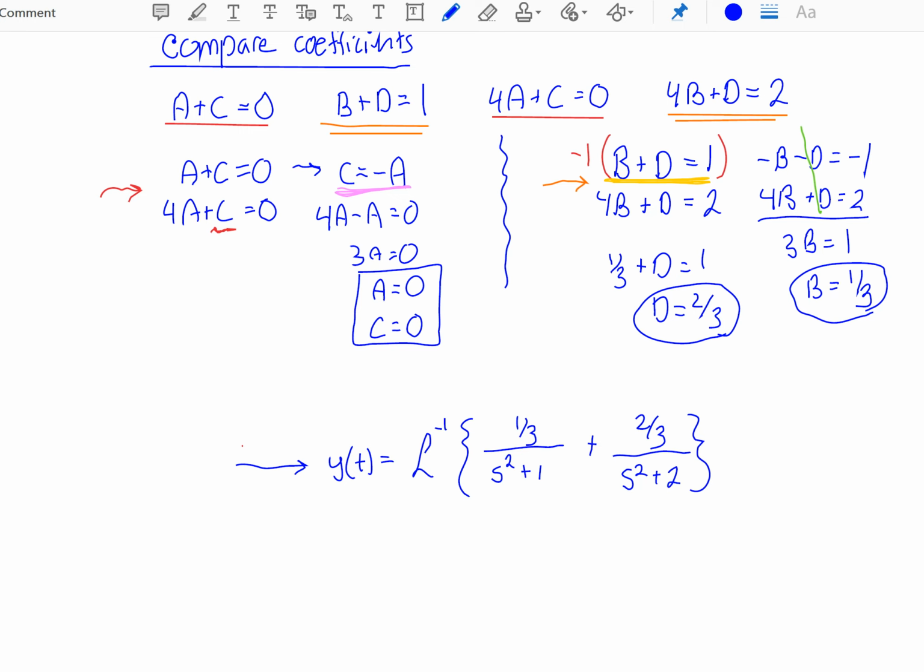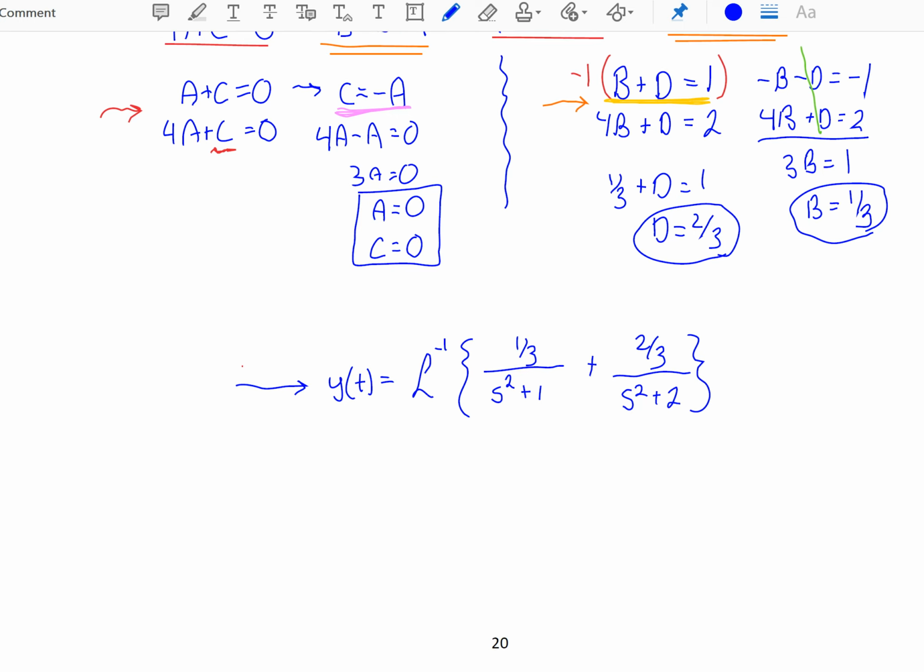And using the fact that the Laplace transform and the inverse Laplace transform preserve vector addition and scalar multiplication, we can write this as 1/3 inverse Laplace of 1 over s squared plus 1 and 2/3 inverse Laplace of 1 over s squared plus 2.